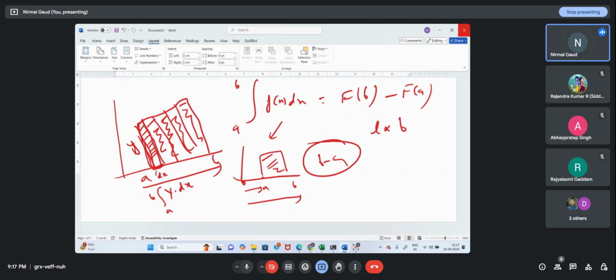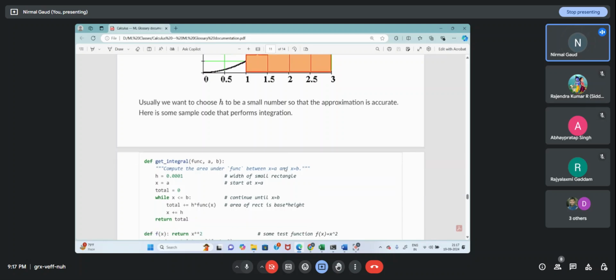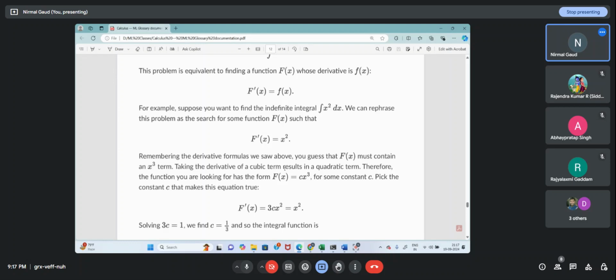So if this is dx and this is your y, it is y into dx. And now for the entire area from a to b, that's what they are explaining here. They have done some complex kind of work. I have explained it to you in a very simple way, what we do in the case of a strip.